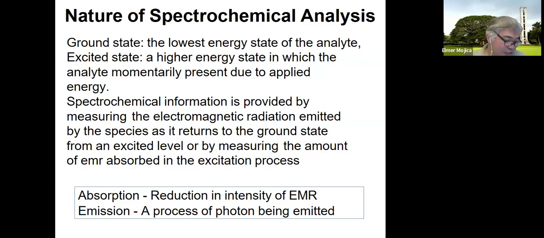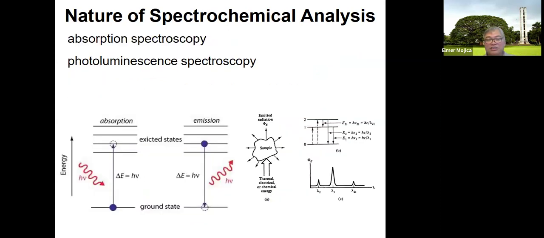Any spectrochemical information that you have is provided by measuring the electromagnetic radiation emitted by the species as they return to the ground state from an excited state level, or by measuring the amount of electromagnetic radiation absorbed in the excitation process. If you have absorption, there's a reduction in the intensity. And if you have emission, this is the process in which a photon is emitted. So we can look at this in terms of absorption spectroscopy or emission spectroscopy. This is now part of the Jablonski diagram.